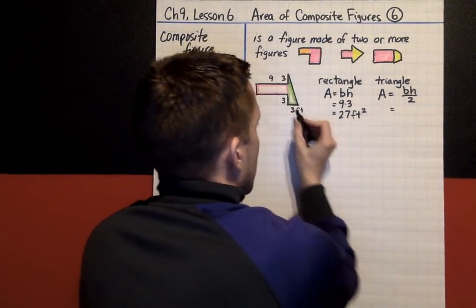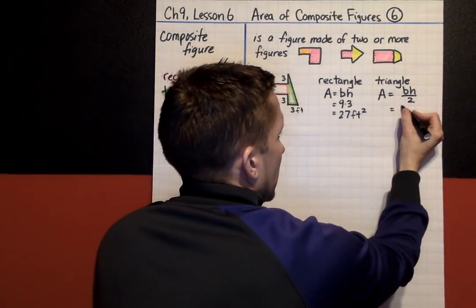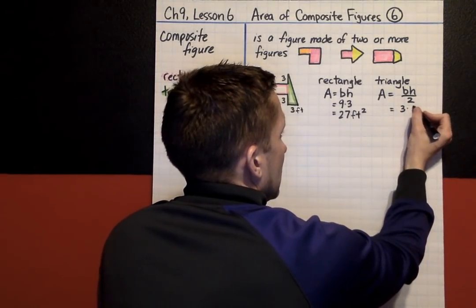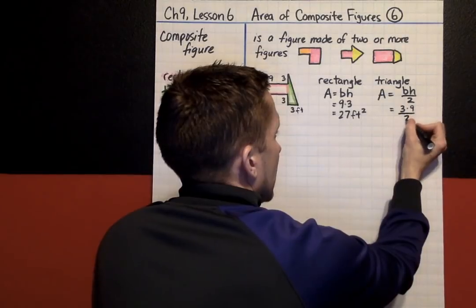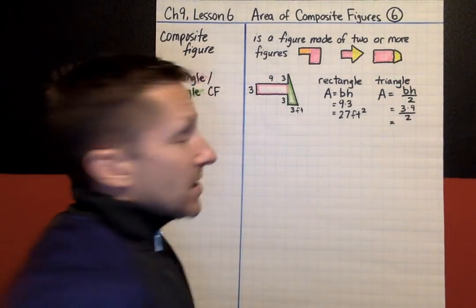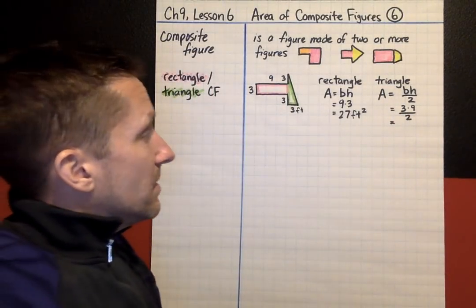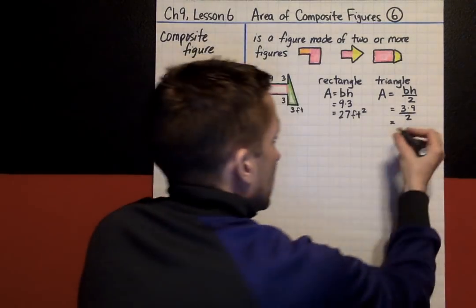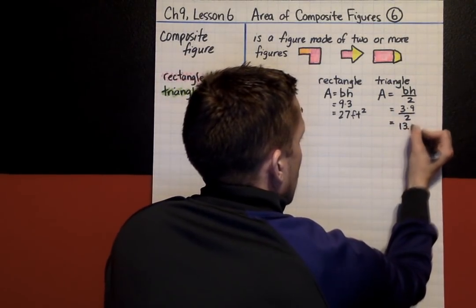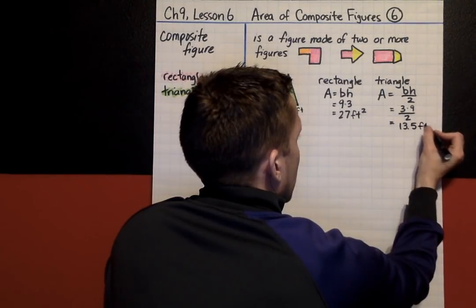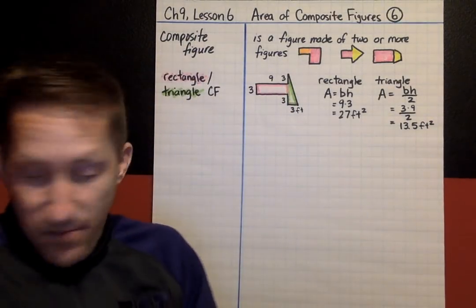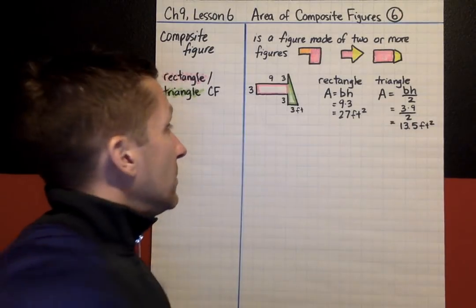Let's plug in our numbers. The base of that triangle is 3. The height is 9, and we're dividing that by 2. 3 times 9 is 27. Divide that by 2, and you get 13.5 feet squared.